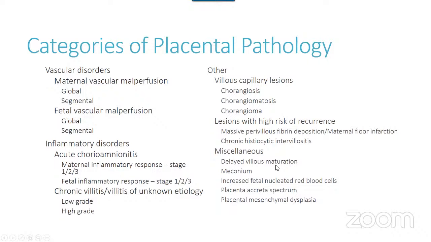And that includes things like delayed villous maturation, meconium exposure, increased nucleated red cells in the fetal circulation, the placenta accreta spectrum disorders, and placental mesenchymal dysplasia, and anything else that I forgot probably also goes into miscellaneous. So it's pretty broad, but what we're going to be talking about today is just this little piece right here. So fetal vascular malperfusion, and we'll talk about both the global and the segmental patterns.